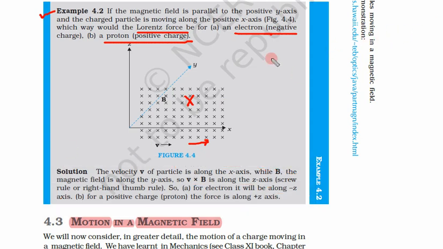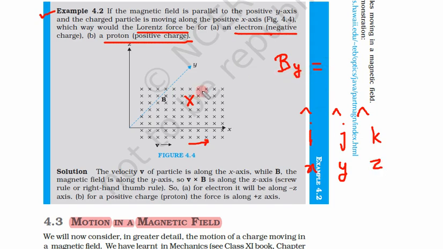Let us write it in this way. This is the magnetic field. Since this is along the y-axis, how can we write it? We know i, j, k, the unit vectors. This i is the positive x-axis, this j is the positive y-axis, and k is the positive z-axis.